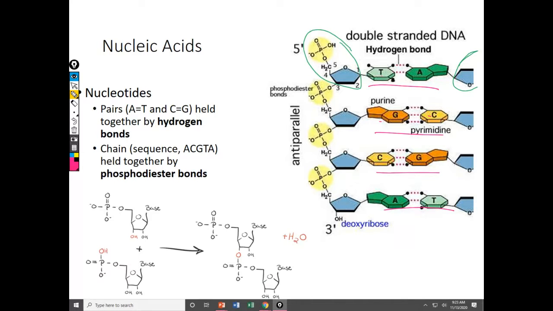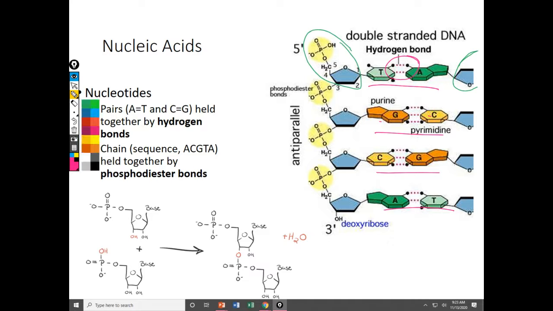So, to create our double helix, aka a structure that is bonded in 2 different locations, I have to be bonded here, between my 2 nitrogenous bases, to hold my ladder rung together.